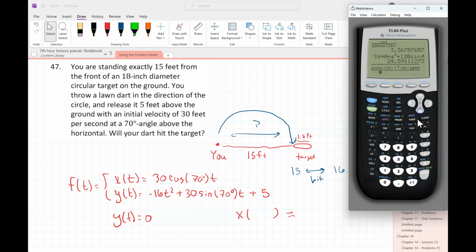Yeah, degrees. So 1.92 is my value for t. And when I plug that back in, I get 19.74. That's a miss.